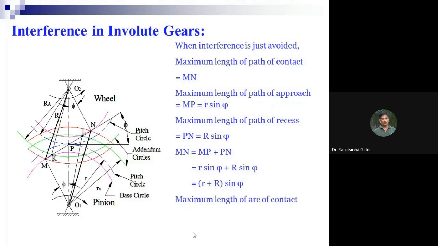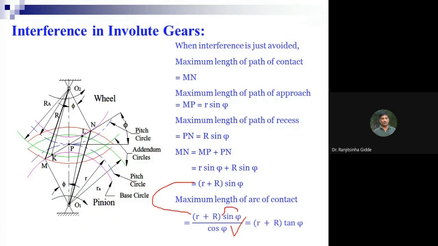Then this is the length of path of contact, the maximum length of path of contact. Again, the length of arc of contact will also be maximum. So then you need to write maximum length of arc of contact is equal to this length of path of contact, that we have written as it is, divided by cos phi, right?